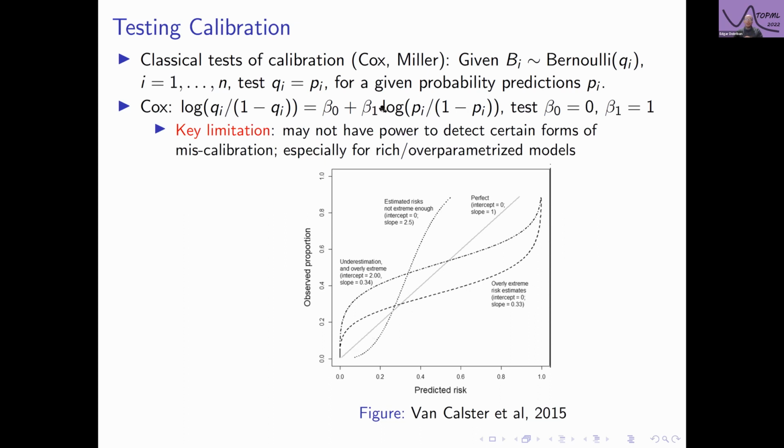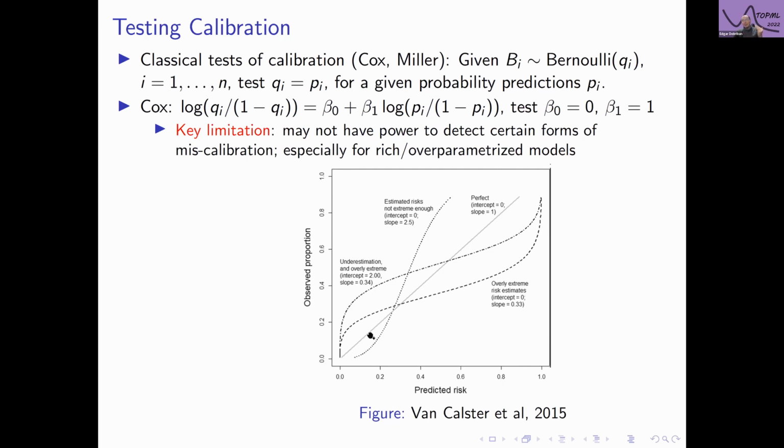So here's just a picture that shows how this model looks. Here is a plot of the predicted risk against the observed success probability, or observed proportion. What we can see here is that this is the null hypothesis, the straight diagonal, and this model corresponds to just varying beta_0 and beta_1, which traces out some sort of parametric curves.